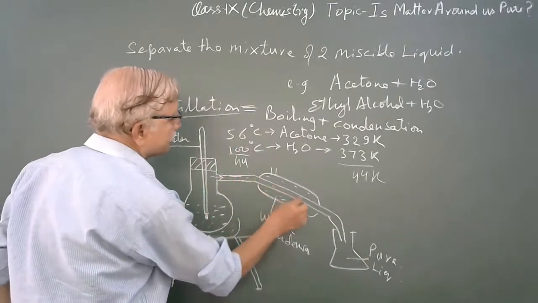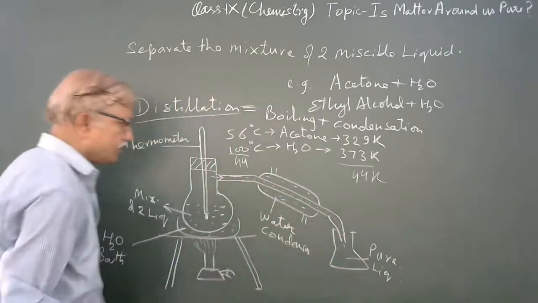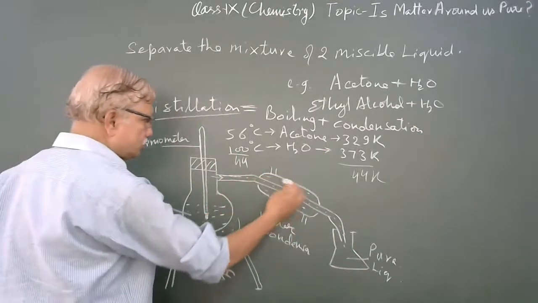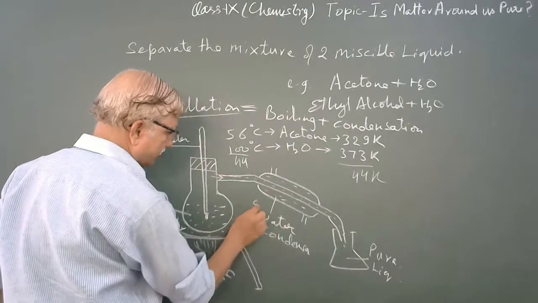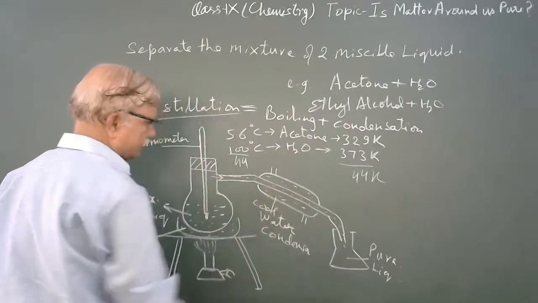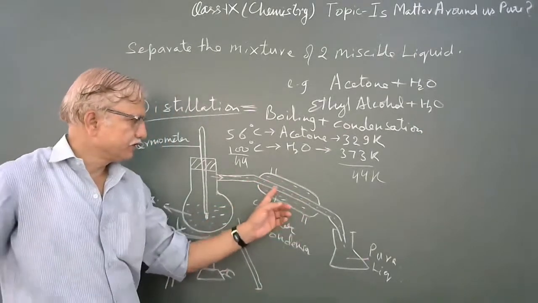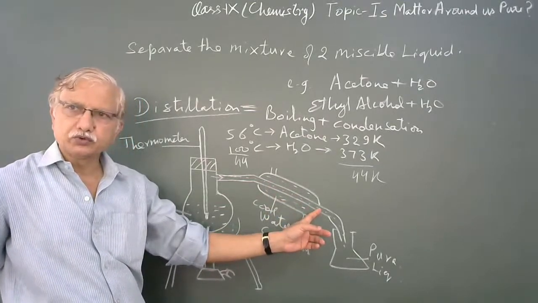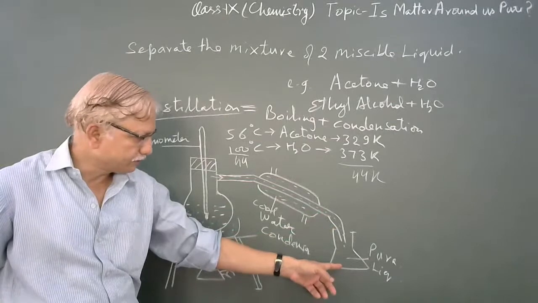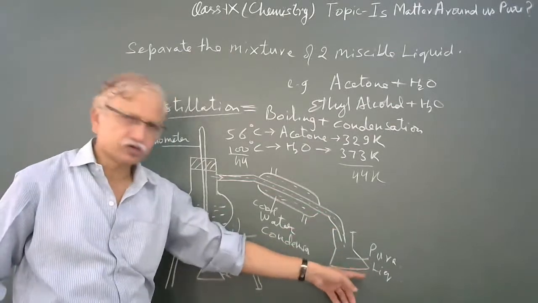The vapors will pass through this tube, and around this tube there is cool water flowing. Due to this cool water, the vapors get condensed and convert back into liquid. So there we get the pure liquid, pure acetone.